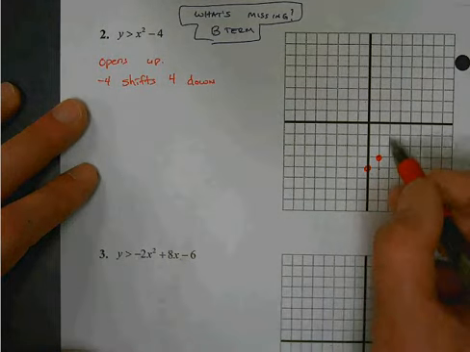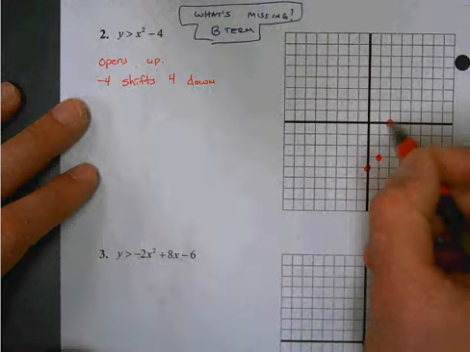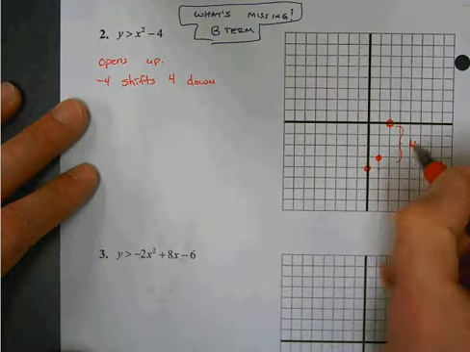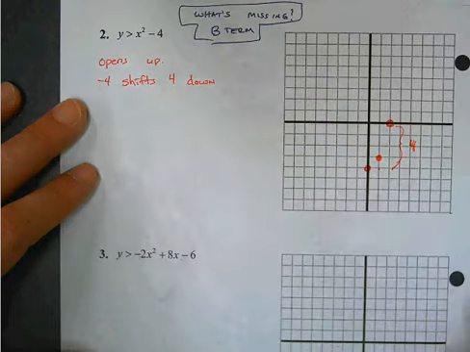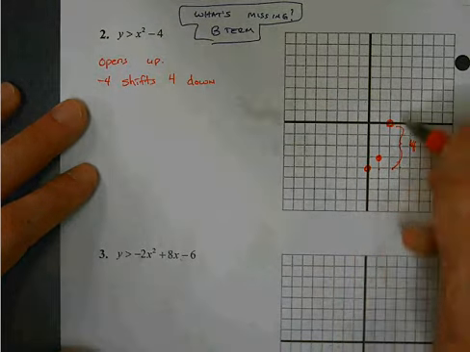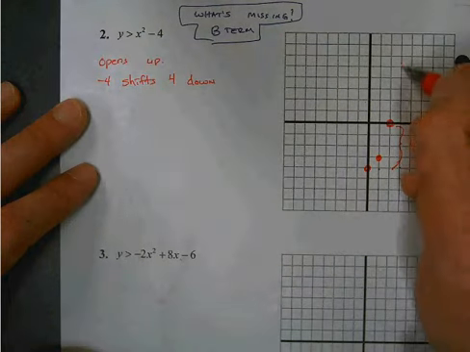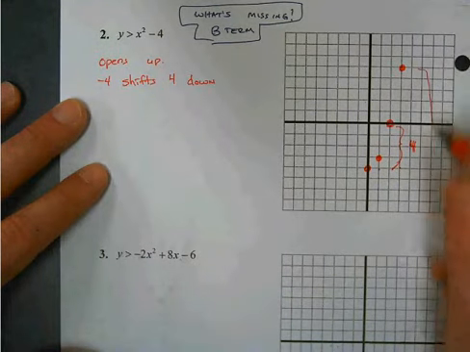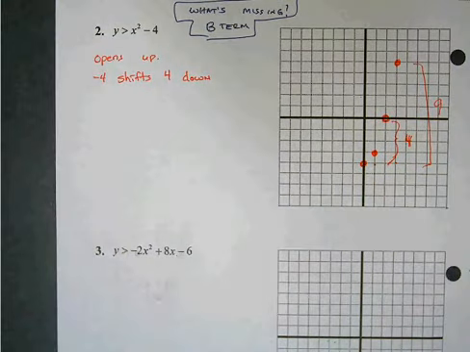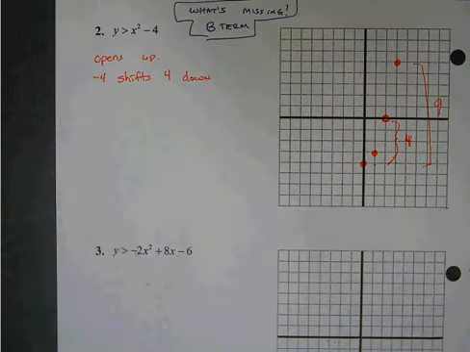Go up 4 from the vertex. You want a third point? Go over 3, square 3. 9. 5, 6, 7, 8, 9. One squared is 1, 2 squared is 4, 3 squared is 9. Every parabola has that general thing, so long as it's just x squared. Can we use that on the test too?